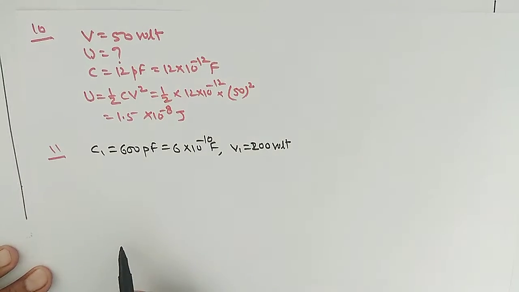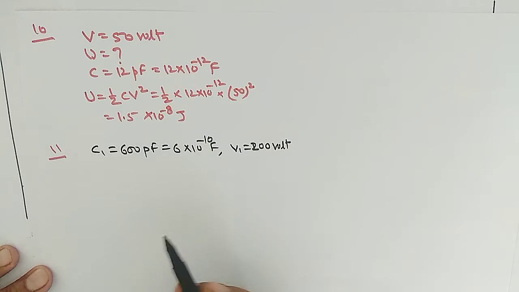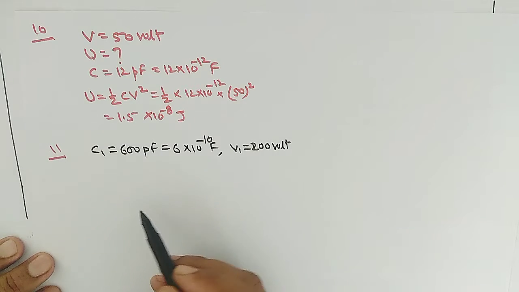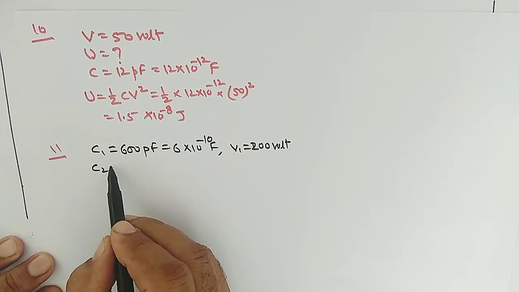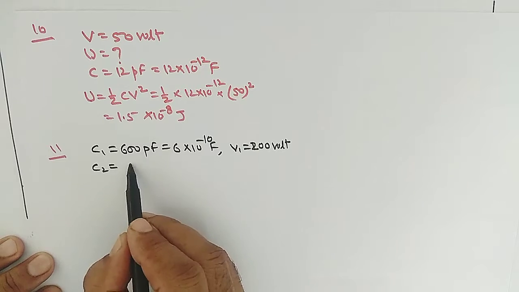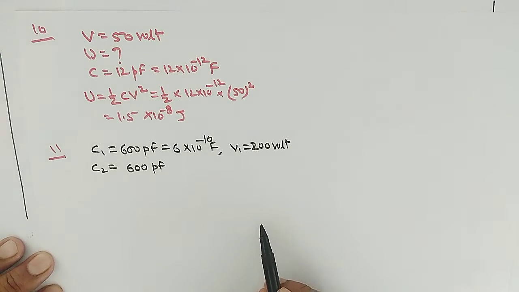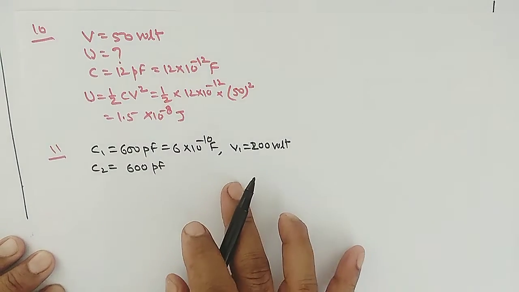It is then disconnected from the supply and connected to another uncharged capacitor. C2 is given as 600 picofarad. How much electrostatic energy is lost in this process?